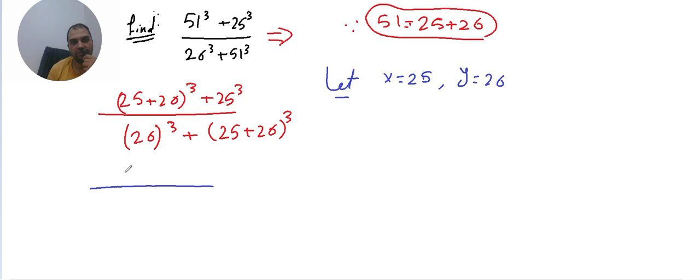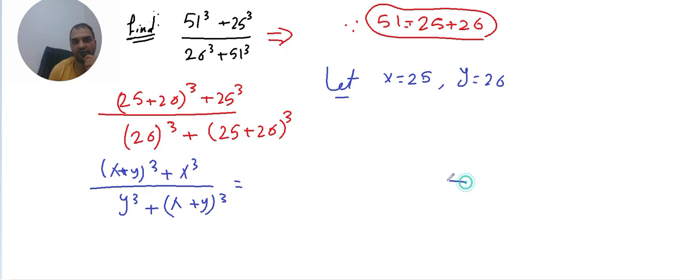You can write with me here. 25 will be x, then x plus y whole power 3 plus x power 3, and 26 will be y, so y power 3 plus x plus y all power 3. Then factorize the expression. We can write small brackets and big brackets. Pay attention with me.